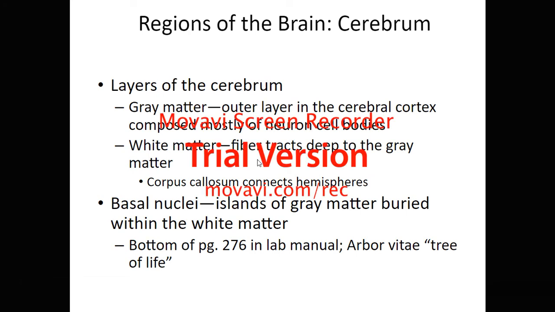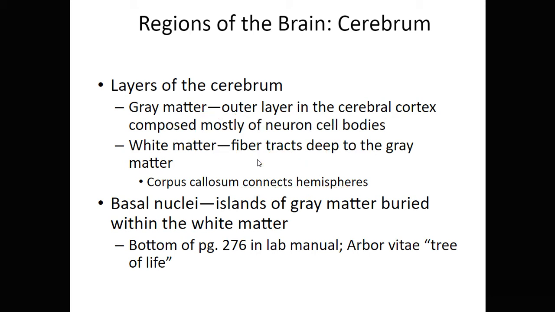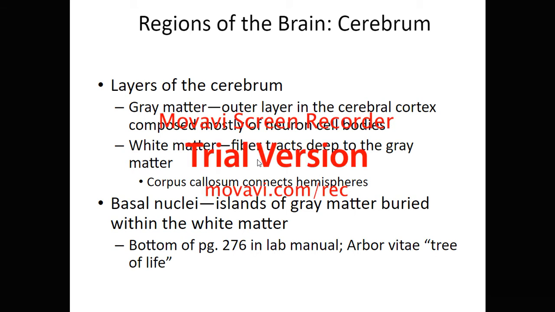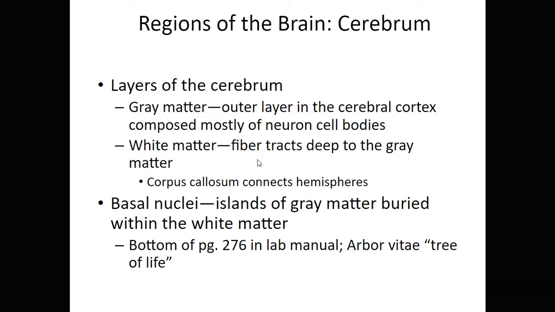The axons are going to be myelinated. Remember, the myelin serves as an insulator for the axons and helps propel the action potential. So the axons are going to essentially form tracts. Remember, a neuron receives sensory information in, and then it's going to send a signal out through the axon, and the axons make up these fiber tracts, and they're going to be white in appearance.